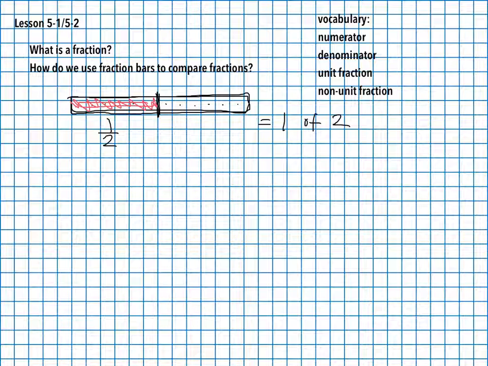I'm going to make another drawing here. This is why I want the graph paper, so you can see what I'm doing. I'm going to go 1, 2, 3, 4 and draw a line, 1, 2, 3, 4 and draw a line, and 1, 2, 3, 4 over here. This one I'm going to color blue.